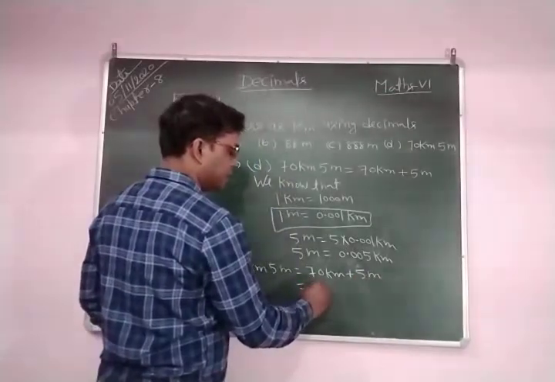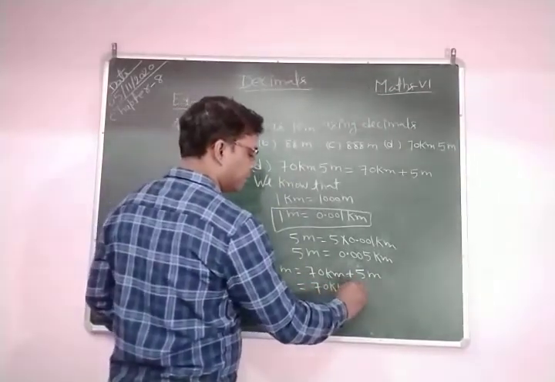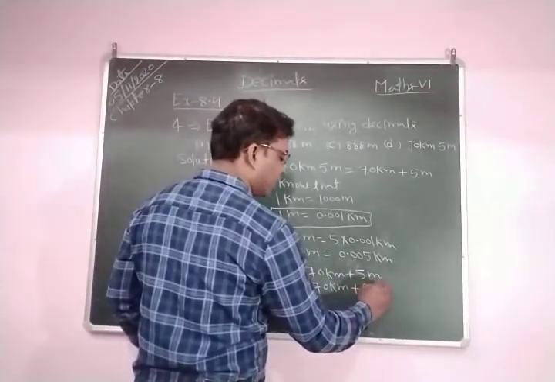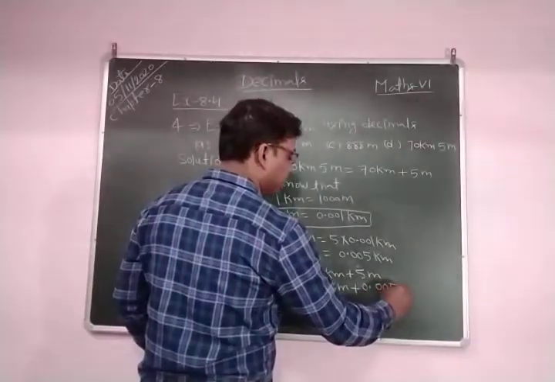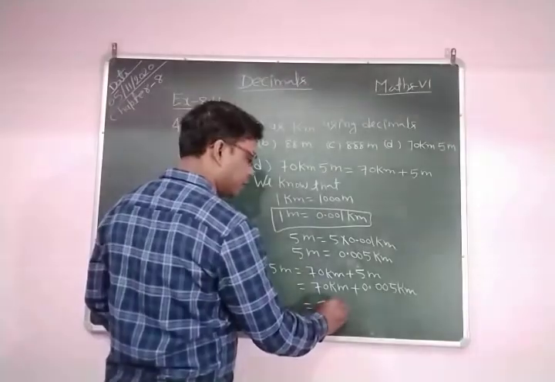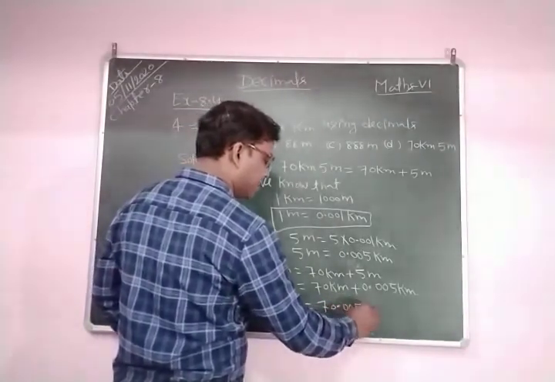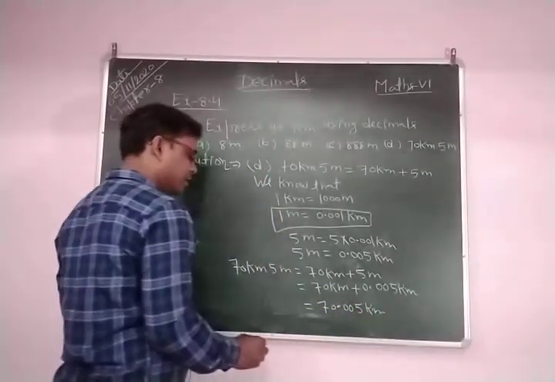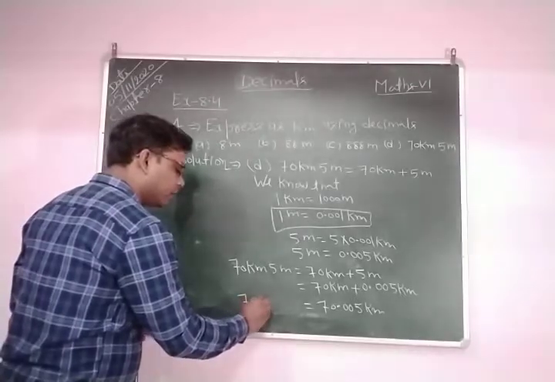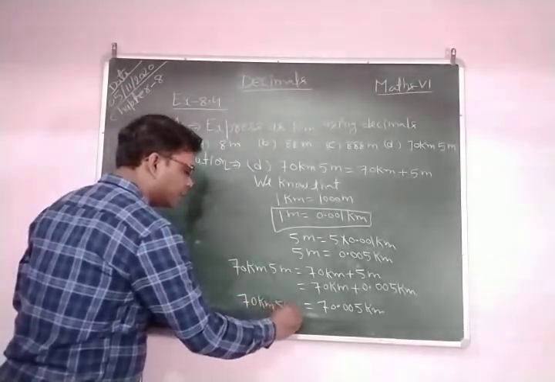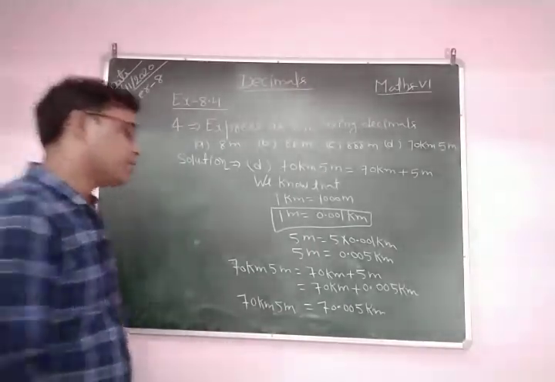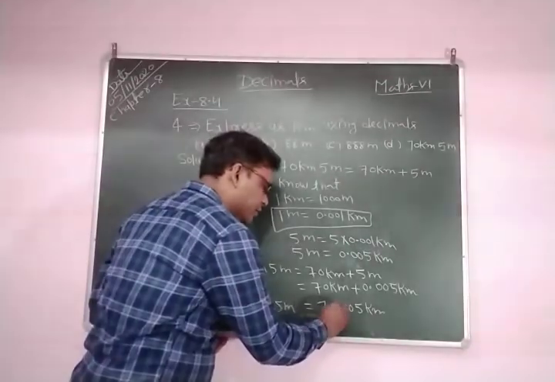We write 70 kilometer as it is, plus 5 meters, which becomes 0.005 kilometers, so you can write it as 70.005 kilometers. Okay, so students, you can see here we expressed 70 kilometer 5 meter as kilometers using decimal. This is equal to 70.005 kilometers.